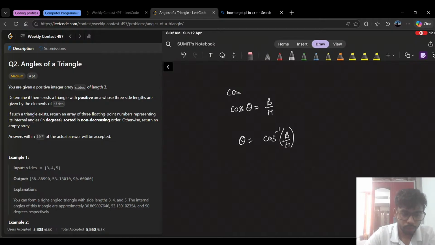Double factor is equal to 180.0 divided by M_PI. Then A star equals factor, and so on for B and C. So vector double result equals A, B, C. I need to sort it, right?